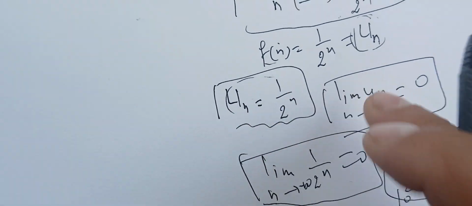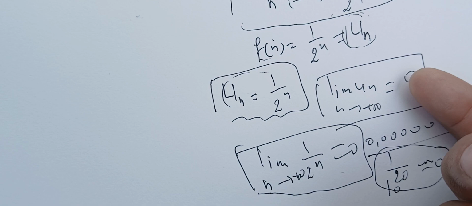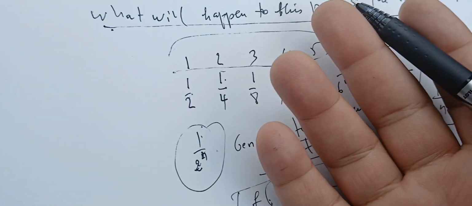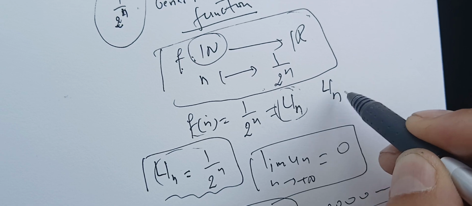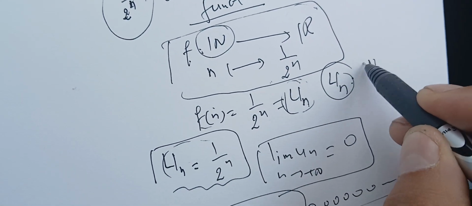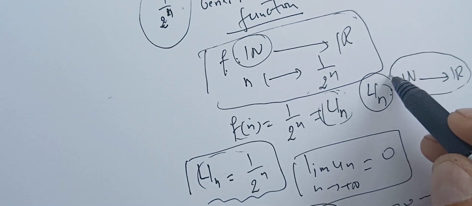If you keep doing it over and over again, you'll touch zero. So this is the concept that we need, and the notion that a sequence in general, let's use u sub n, is a function that's defined from N or any subset of N into R. It's a function.